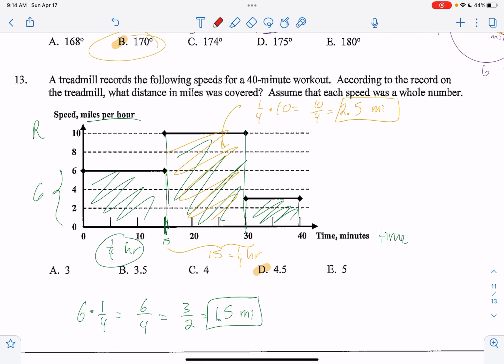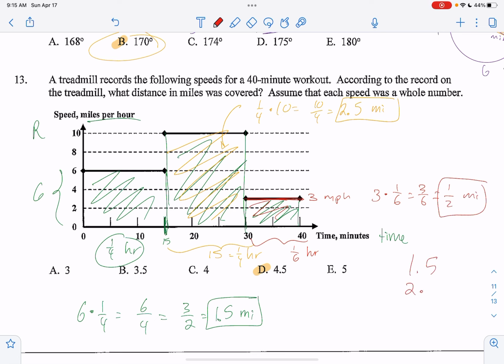And the last one, you have just 10 minutes, so that's 1/6 of an hour, and this is 3 miles per hour. So you will have 3 times 1/6, or 3 over 6, which is just 1/2 of a mile. So you add 1.5 plus 2.5 plus 0.5, you get 4.5 miles in total, which is choice D.